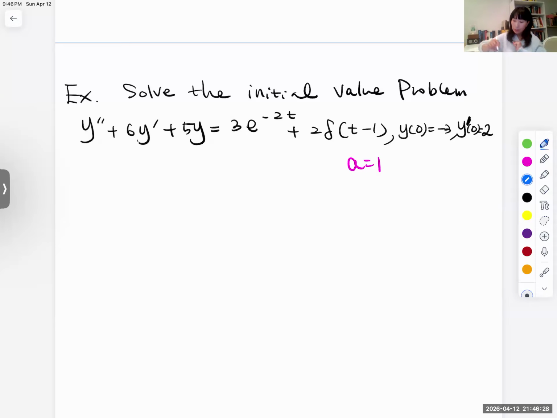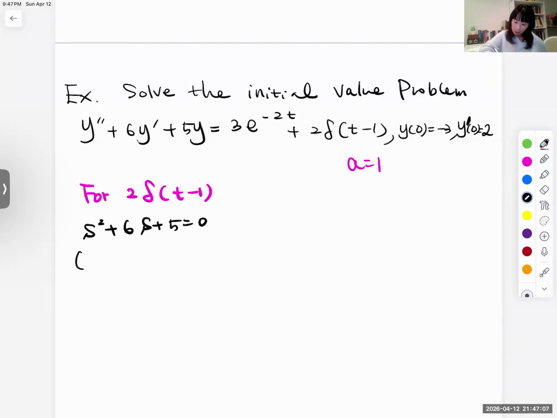Let's use that for 2 delta(t minus 1). So we have y double prime plus 6y prime plus 5y. We can express it as s squared plus 6s plus 5 equals 0.